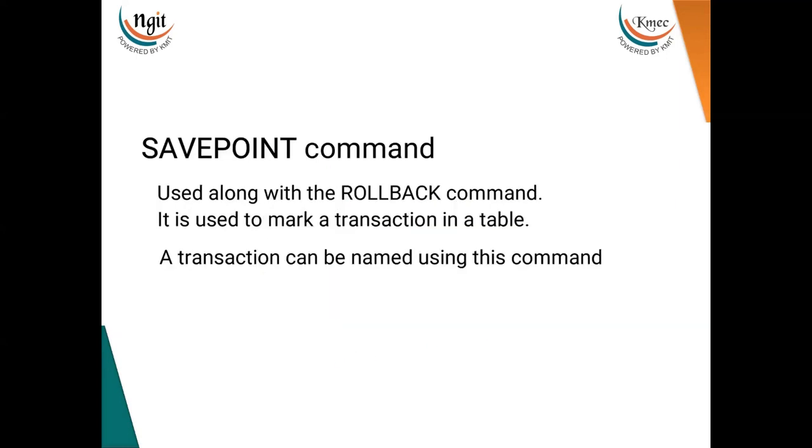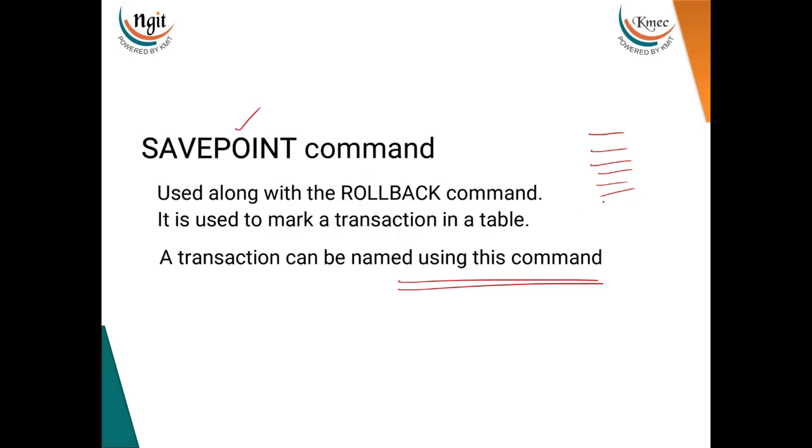command. Save point command is used along with the rollback command, and it is used to mark a transaction in a table. A transaction can be named using this particular command. So save point is what? Save point command is used along with the rollback command. In simple words, I have made several operations.